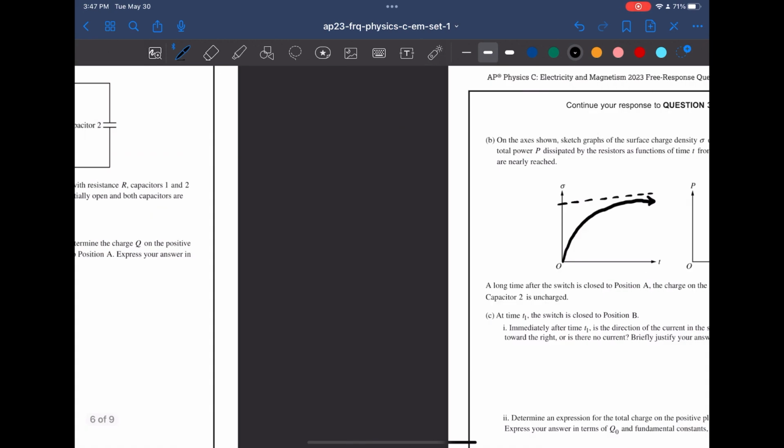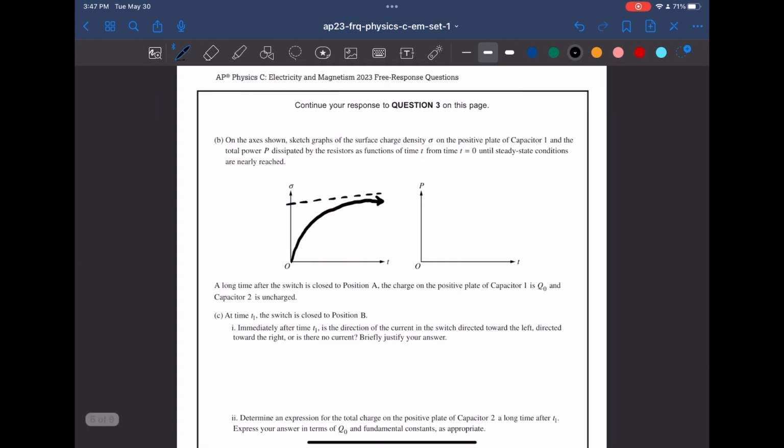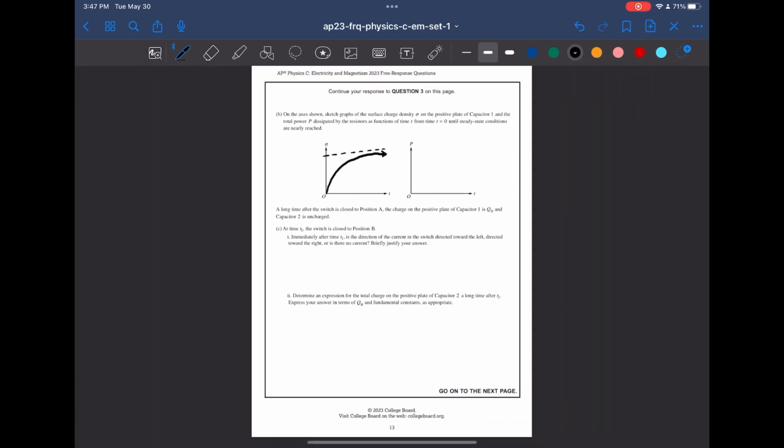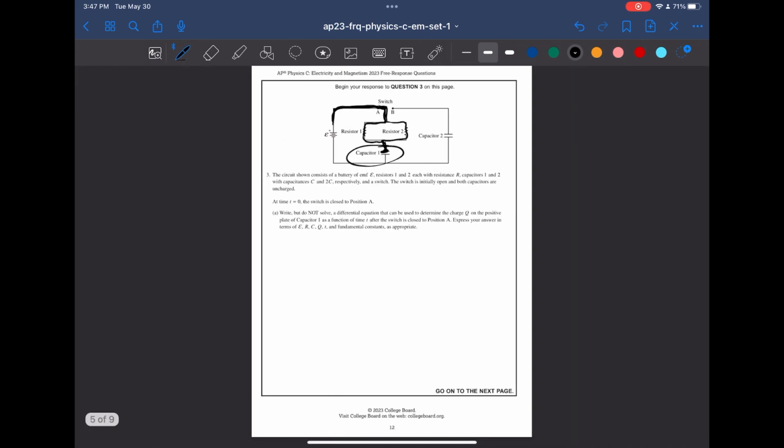Now, to create the graph for the total power dissipated by the resistors, we are again going to look at the diagram from question 3. If the capacitor is a water tank, then the resistors are areas in the pump which have a smaller area for the water to get through than the rest of the pipes. So again, we can think about this as the water with the narrower pipes.